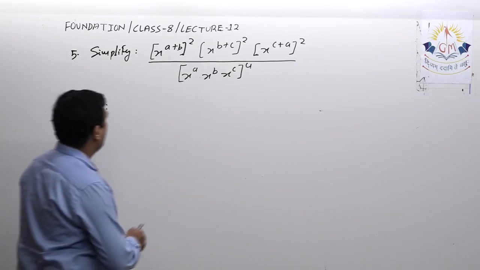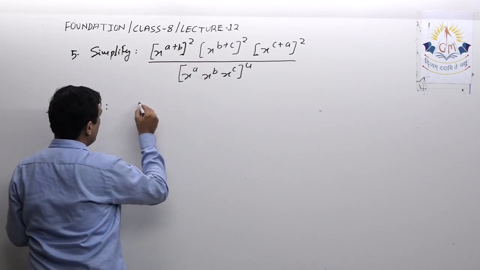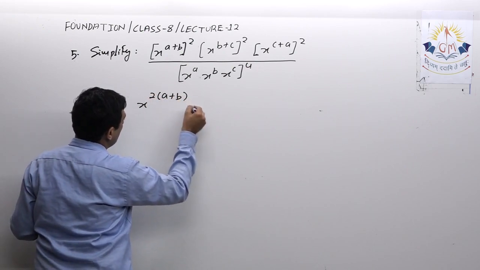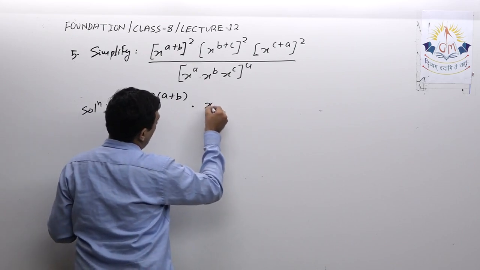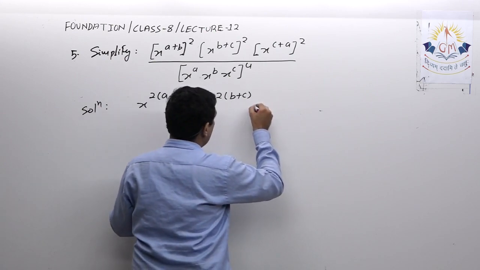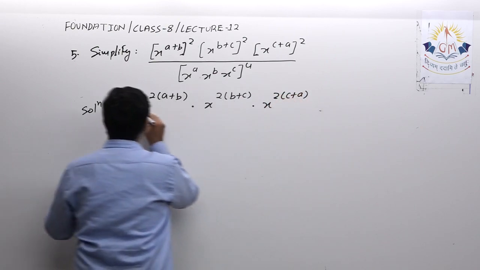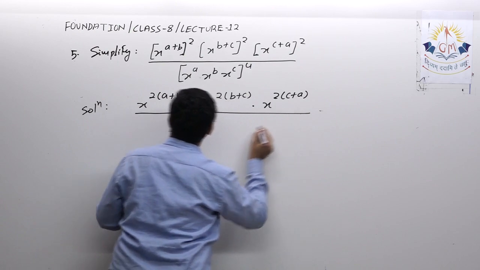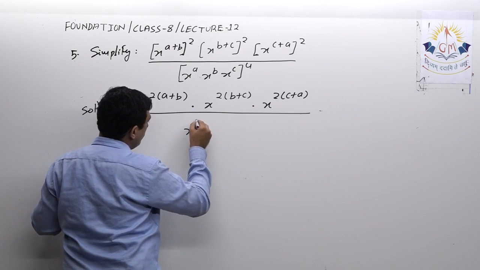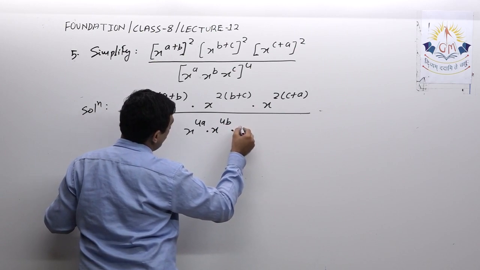Okay, so first of all here we can apply the power law, because there is a power and then again power. So according to that, this will become x raised to 2 into a plus b, multiplied by x raised to 2 into b plus c, then multiplied by x raised to 2 into c plus a, whole divided by, now here again power law is there, so I can write x raised to 4a into x raised to 4b into x raised to 4c.